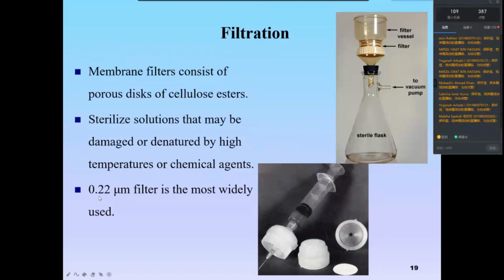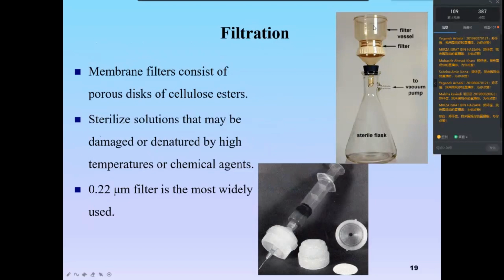The pore size is usually around 0.22 micrometer. This size is much smaller than bacteria, so bacteria cannot pass through the filter. So the flow-through will be free of bacteria. Anything past the filter will be bacteria free. So this is a procedure we call filtration.